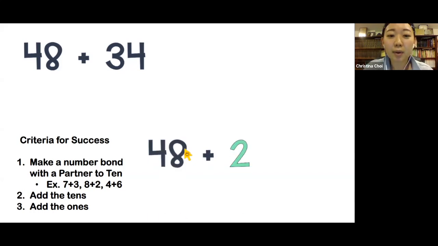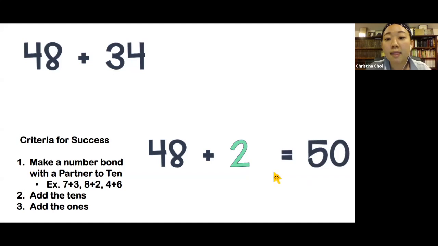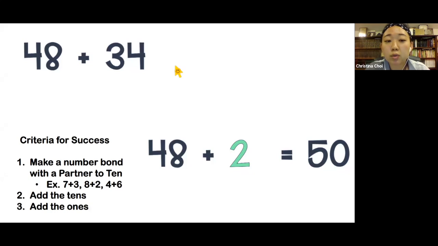Now, here we go. We're focusing on 48. Yep, and we're going to see that 8 and 2 is a partner to 10. That makes a friendly 10, 50. Now, we have to break that. Remember to break that 2 off of 34. And so, we have 32 and 2 make 34.